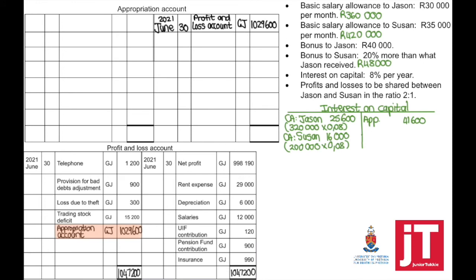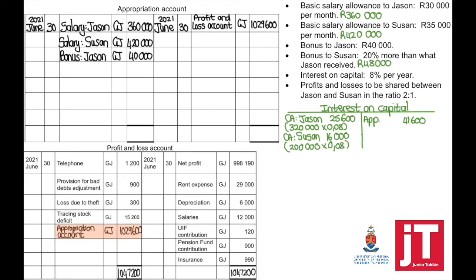Now, if we look at what a partner is entitled to, the primary distributions of profits. Salary Jason, 360,000. Salary Susan, 420,000. Bonus Jason, 40,000. Bonus Susan, 48,000. Interest on capital.